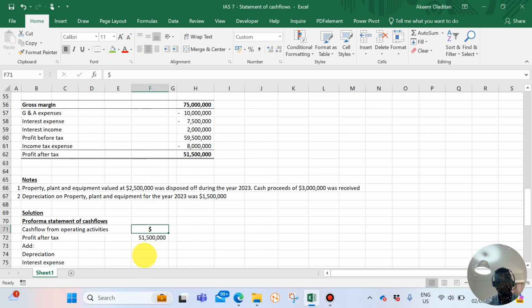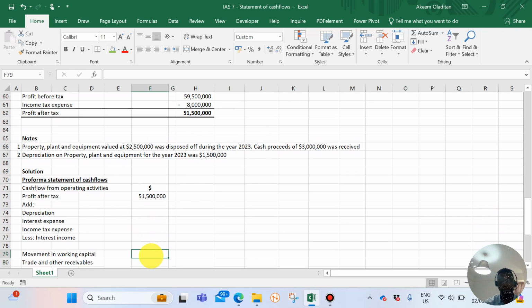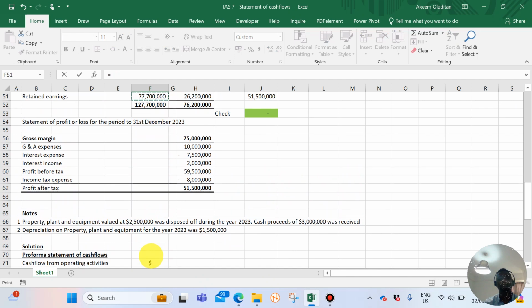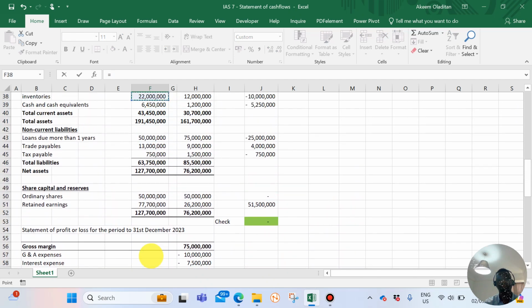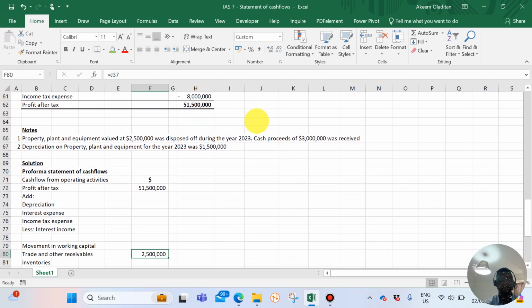I won't add depreciation and others. I won't do that for now. So I'll look at the movements that I have, trade and other receivables. That's where it's starting from. What's my movement in trade and other receivables? This is it. I'll put it down.